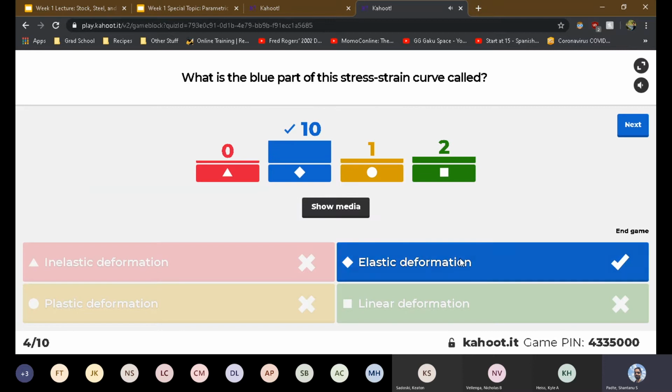Elastic deformation. That's right. Elastic deformation because it happens linearly, like the amount of force you put in gives you a proportional amount of stretching or compression. And if you let it go, it goes back to its initial position.